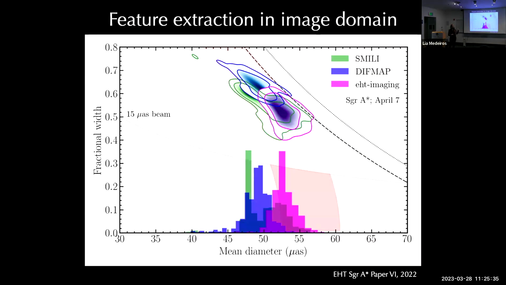Okay, so we apply the same feature extraction algorithms to these images. There's one image that becomes really famous, but there are actually hundreds of thousands of images that we generate. And these are the results of these feature extraction algorithms here, the mean diameters in microarcseconds and the fractional widths. The 3 different imaging algorithms do have a bit of a systematic, but as I said, we take that into account.